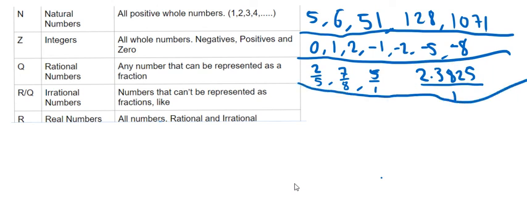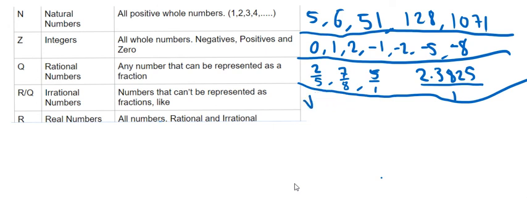So it's hard to think of what might be an irrational number. I'll give you some examples. If we take the square root of any number that's not a square number, I mean, if I had root 16, that's the same thing as 4, so that's a natural number, so that wouldn't count as an irrational number.